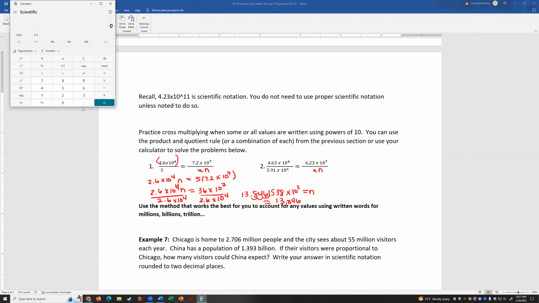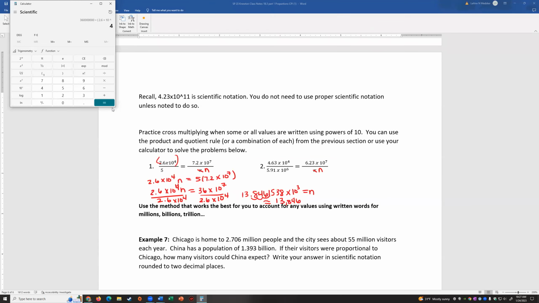So if I wanted to do this directly on my calculator, I would do 5 times 7.2 times 10, exponent button 7, and I can go ahead and hit enter for that. That would be that multiplication completely worked out, including the 10 to the seventh part, divided by parentheses 2.6 times 10 to the fourth.